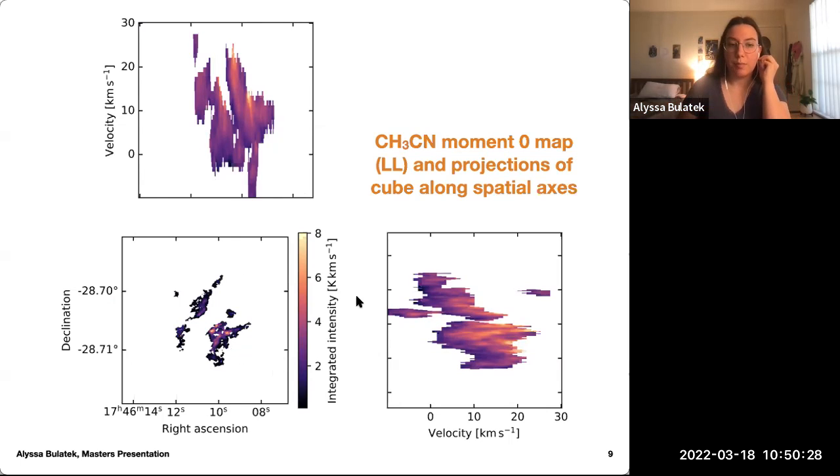And so the moment maps have units of Kelvin times kilometers per second. So this is a moment zero map, and these are sums of the cube, integrals of the cube along the spatial axes in the same way. So taking projections of the cube in both spatial axes.